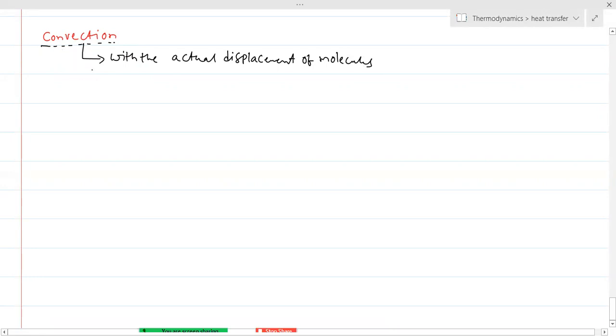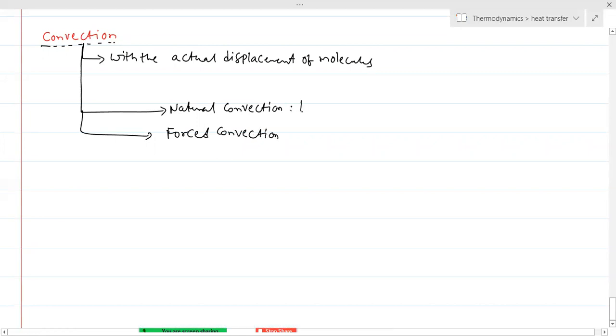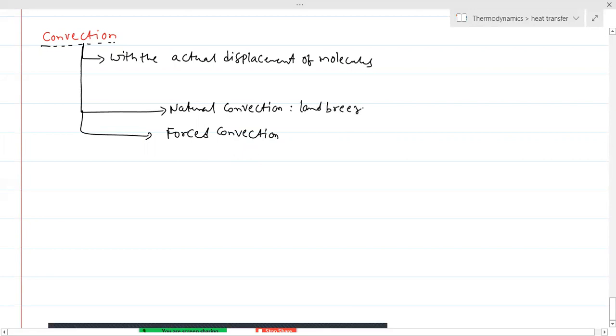This convection is divided into two types: one is natural convection, and the other is forced convection. Let us take any breeze, land breeze, sea breeze, or trade breeze. We will take any breeze as an example of natural convection.